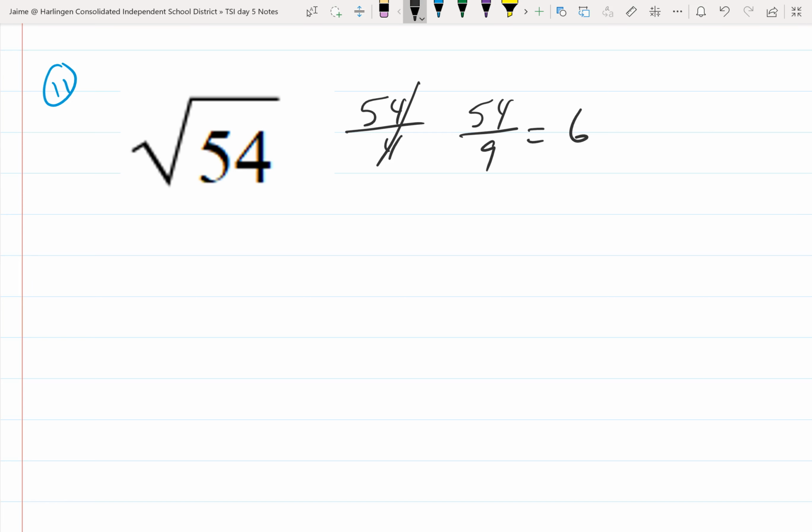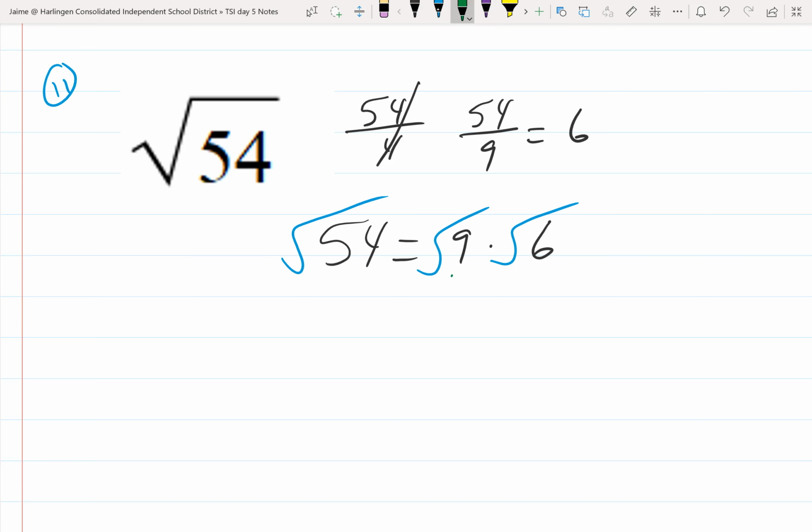Hey, there you go. Single digit already. Perfect. That means that 54 is equal to 9 times 6. Bring in the square root signs. The square root of 9 is 3. And negative 3, but we don't need it right now. And the square root of 6. And you're done. That's just how we do those questions.